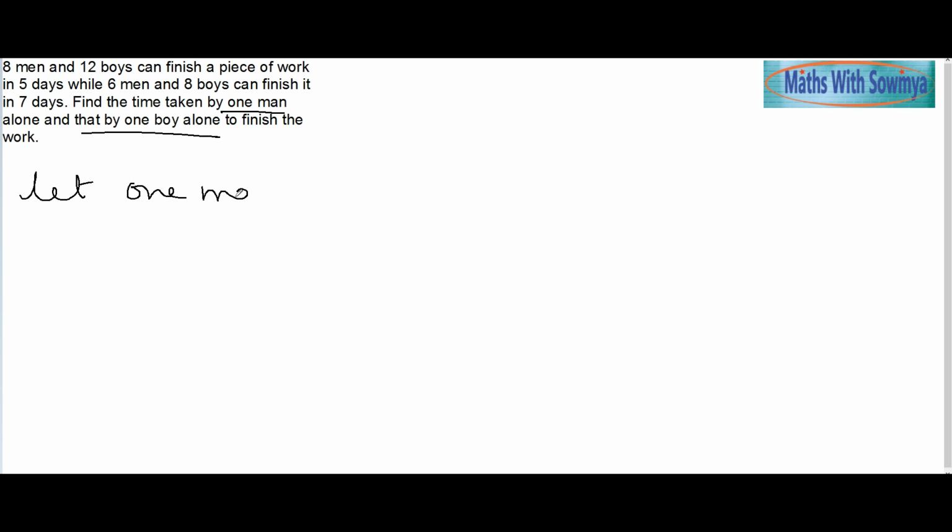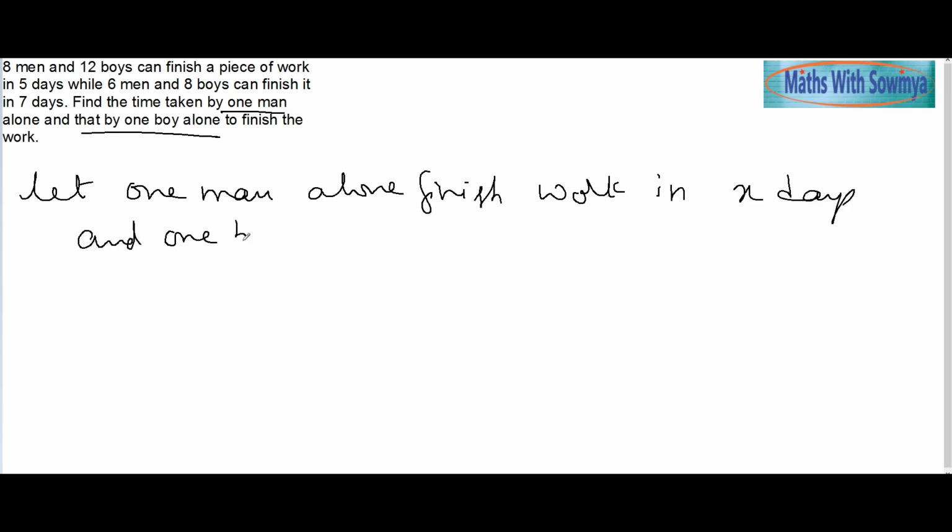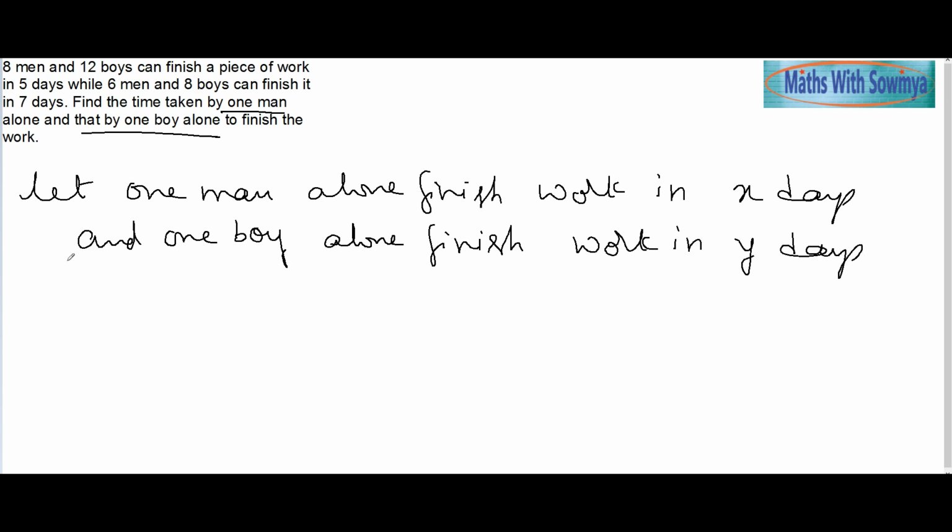Let 1 man alone finish the work in x days, and 1 boy alone finish the work in y days. If 1 man alone finishes the work in x days, in x days 1 work is done, so per day work done will be 1 by x.